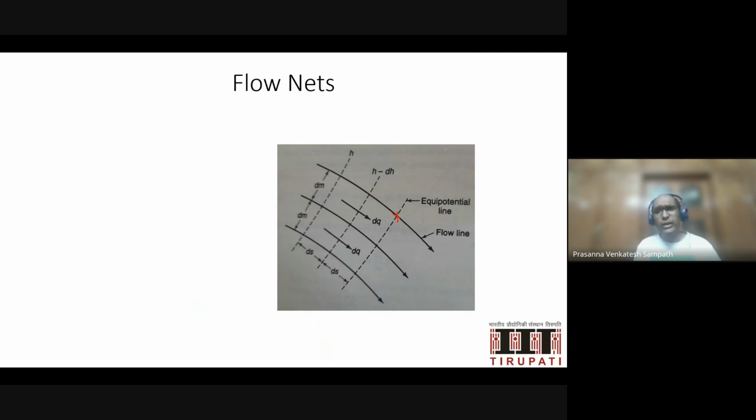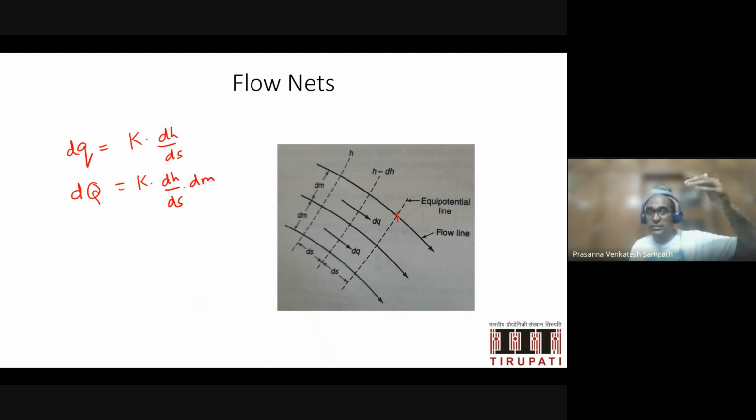Now, in between these two flow lines, there's a dq. If I want to find out what dq is, it'll be k, the hydraulic conductivity in this region, multiplied by the gradient, and the gradient will be dh, the difference between any two successive equipotential lines, over ds, the distance between two successive equipotential lines. So that's dq per unit cross section area.